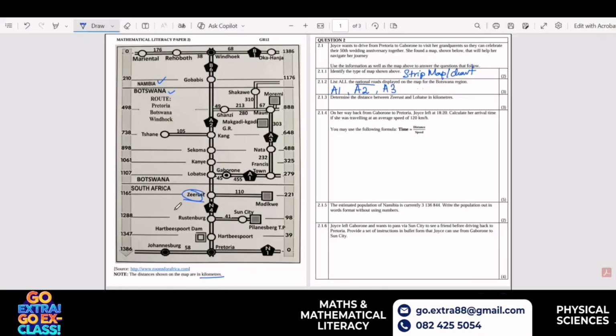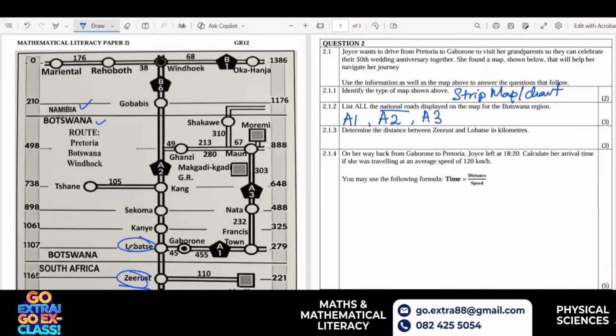As you can see here, according to this, it's 221 from Pretoria. And then where is Lobotswe? Lobotswe is somewhere in Botswana. So here, that's where you find it. Okay, let me bring it back to where you can see it closer.